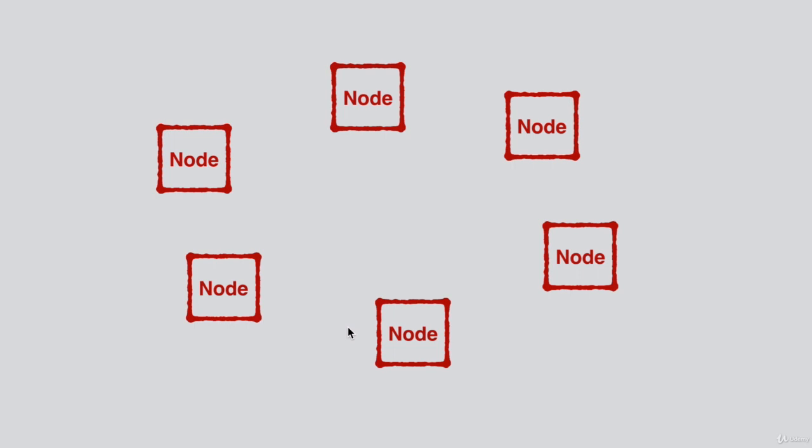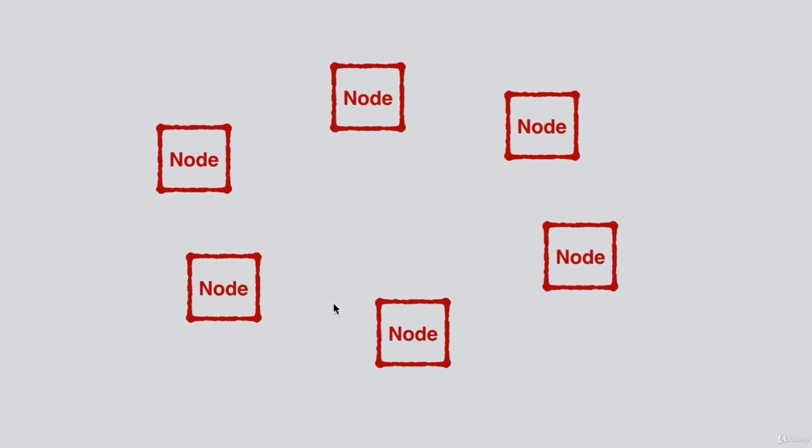So what is this longest chain rule? Well, basically, it's very straightforward. What the longest chain rule does is it takes a look at a single node, and it looks at the copy of the blockchain on that node. It then compares the length of our chain on this node with the length of the chains on all the other nodes.